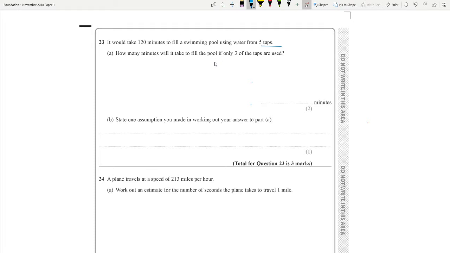How many minutes will it take to fill a pool if only 3 of the 5 taps are used? So first we need to work out 120 times 5, and then divide your answer by 3.